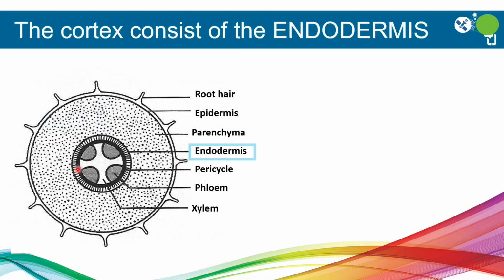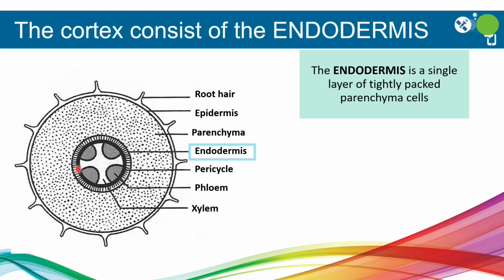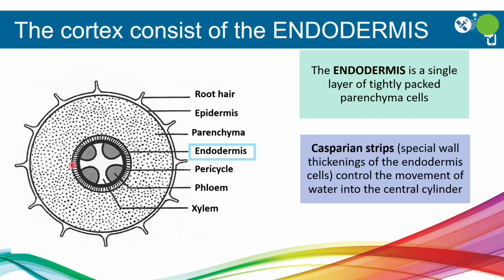Right, so in terms of the endodermis, it's tightly packed parenchyma cells, so no longer does it have those intercellular spaces. They are densely packed next to each other, but we do have a special type of cell that's present here, and this is called a Casparian strip. These are waterproof strips that actually redirect the flow of water.